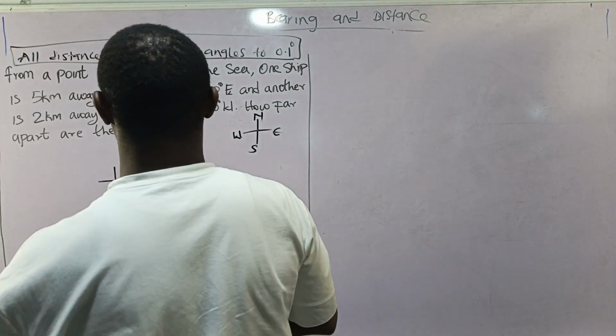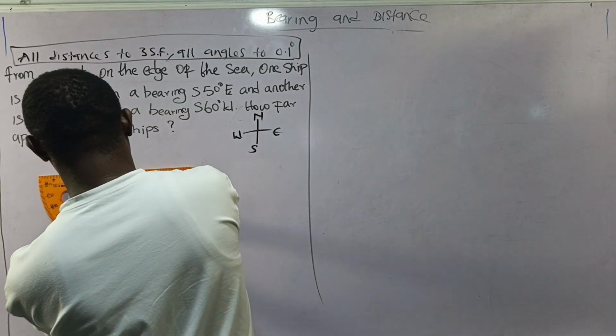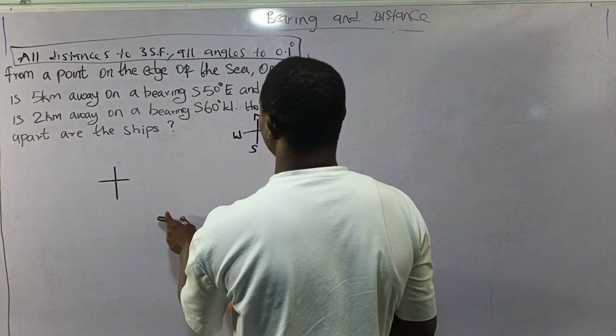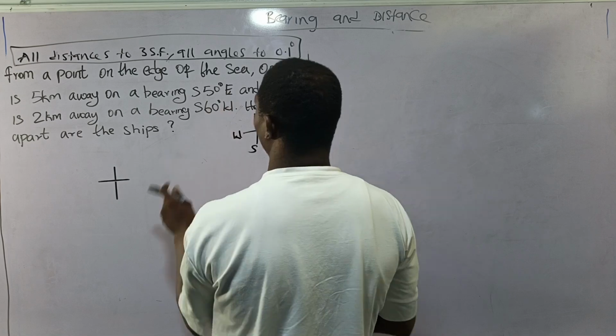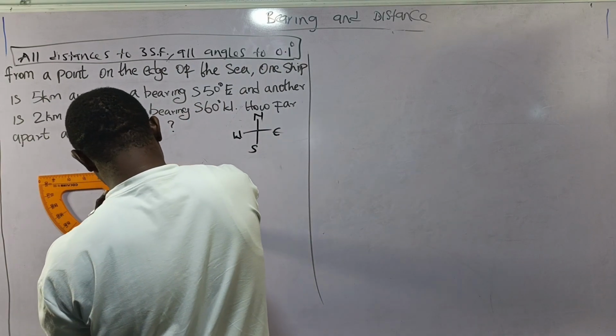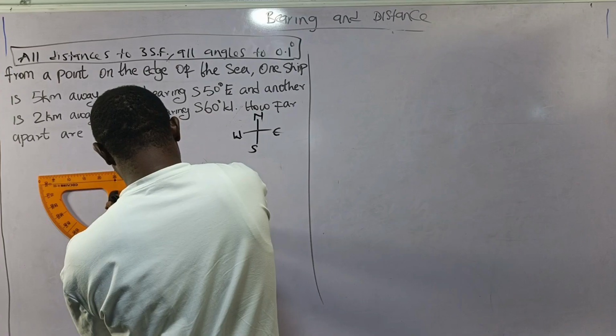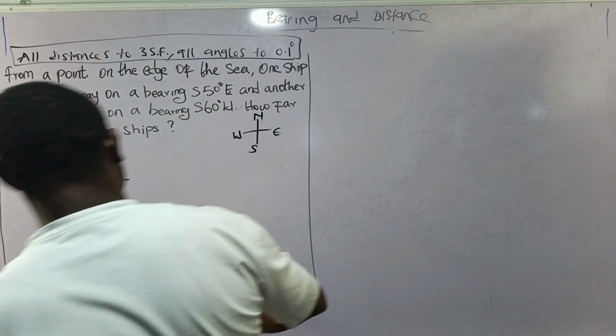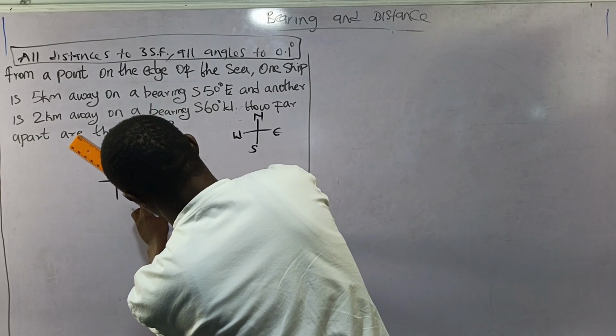South 50 degrees, so let me get my 50 degrees. If south is 50 degrees, then from east to be what? 40 degrees, 90 minus 50. So I can use here to get my 40 degrees. And I'll rule it very long because I don't know the distance I'm using yet.